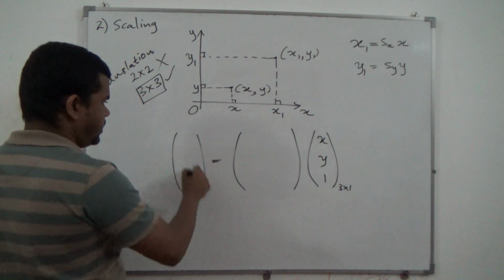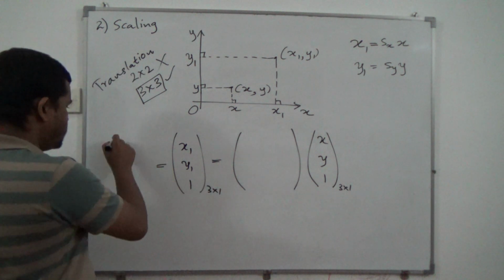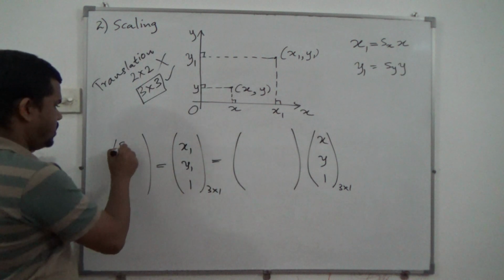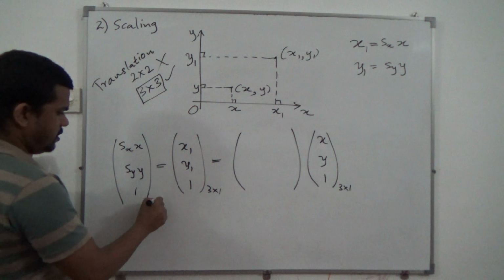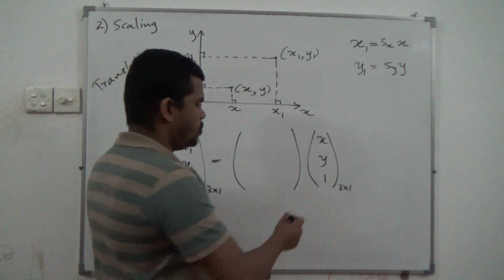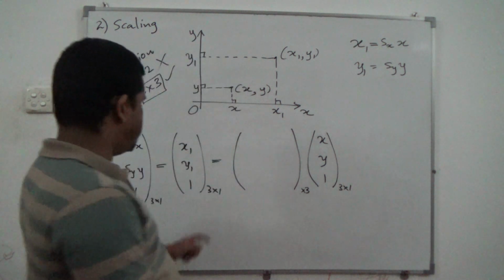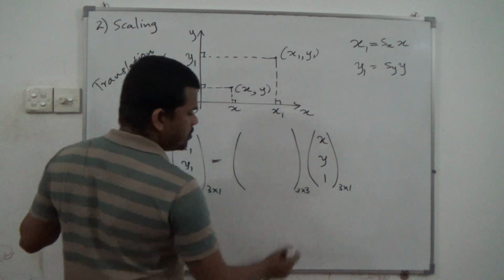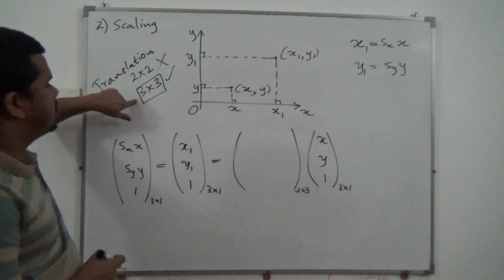Finally, you should get x1, y1, 1, 3 cross 1. So if we substitute these two values here, sx x, sy y, 1, this is 3 cross 1. Now, in order to be able to multiply these two matrices, you need 3 cross 3 here. In the resultant matrix, there are 3 rows, therefore here it should be 3.